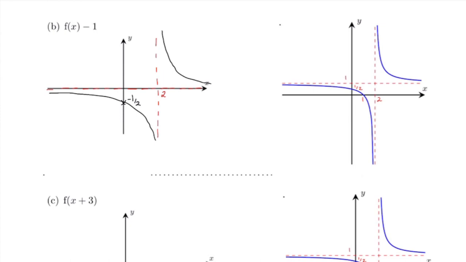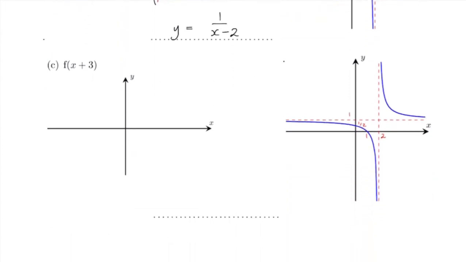And again, the original graph, I'll write it again here, was f of x equals 1 over x minus 2 plus 1. You can see what we're doing is taking 1, so this will be the y equals 1 over x minus 2 graph.